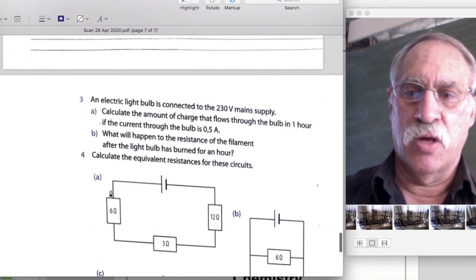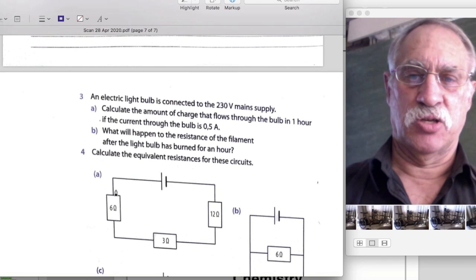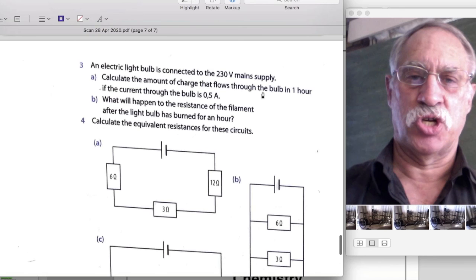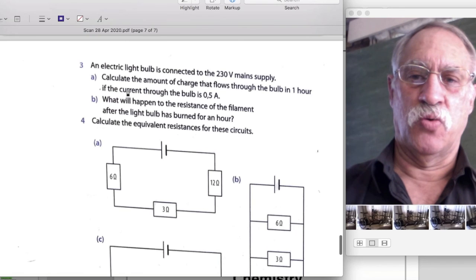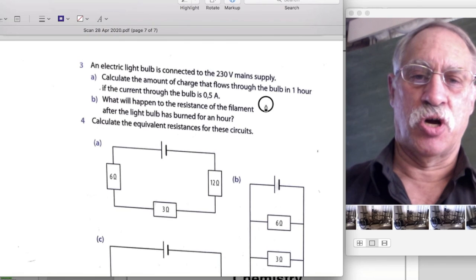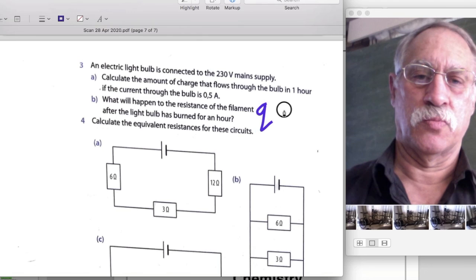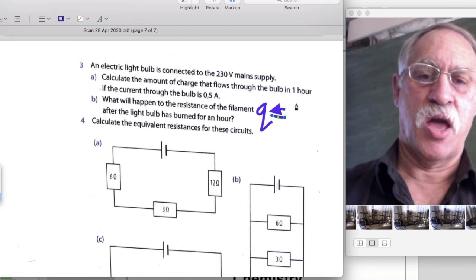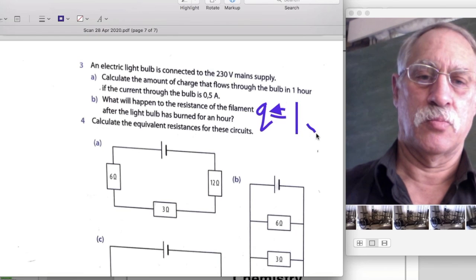Great. An electric light bulb is connected to the 230 volts main supply. Calculate the amount of charge that flows through the bulb in 1 hour if the current through the bulb is 0.5 amps. So charge, it'll be on your data sheet, is equal to amps times time.